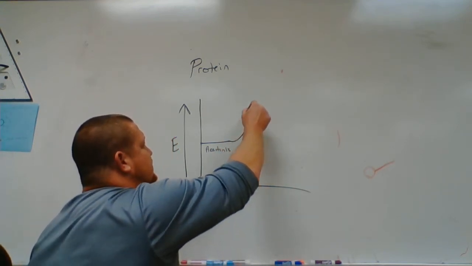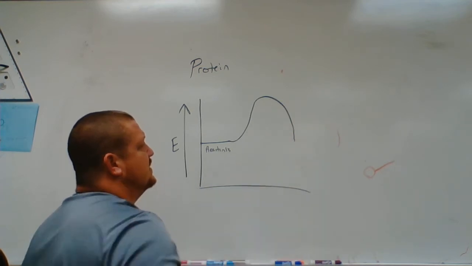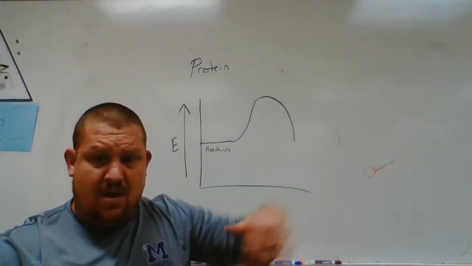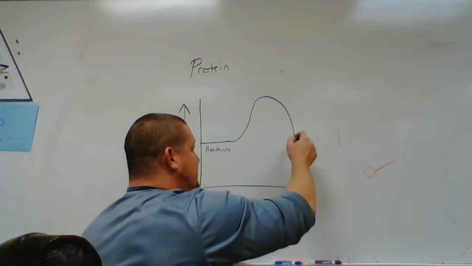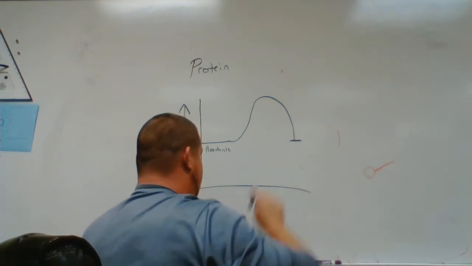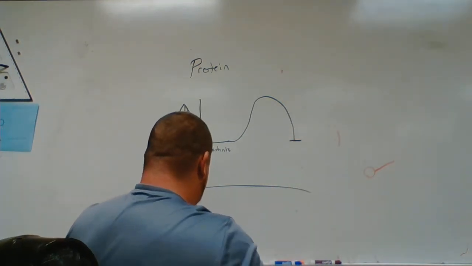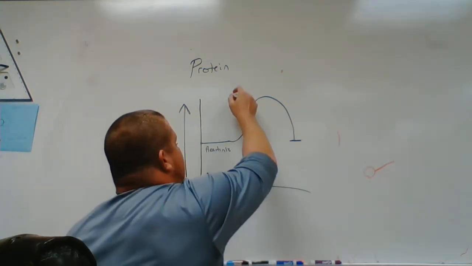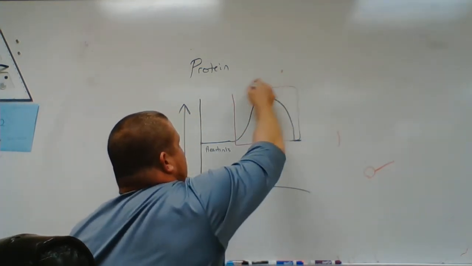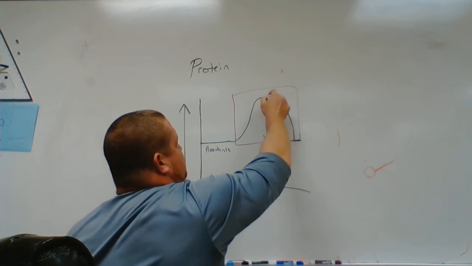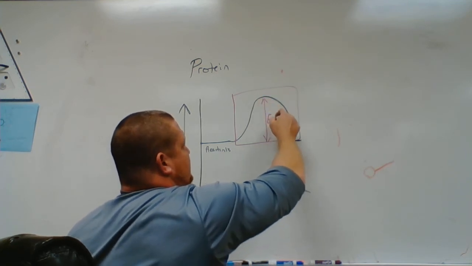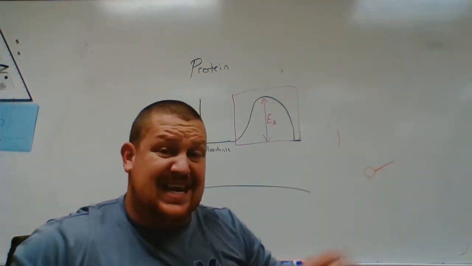So if we input this energy, that's our input energy, that hump. This represents our activation energy. It's the amount of energy we put in to make it happen.